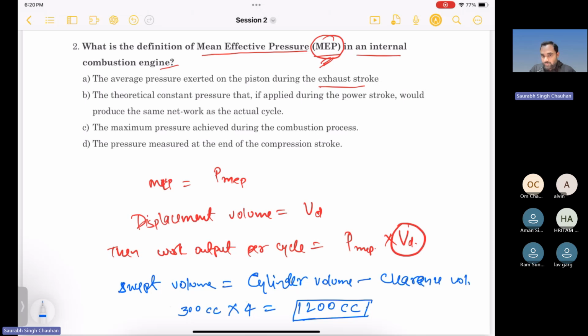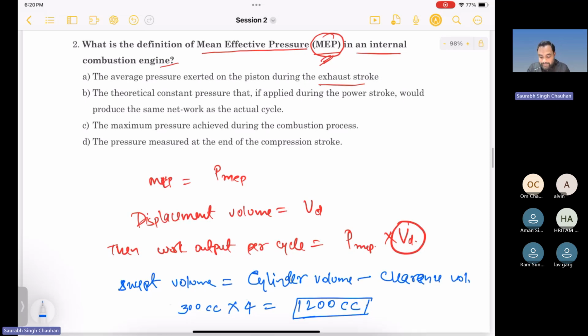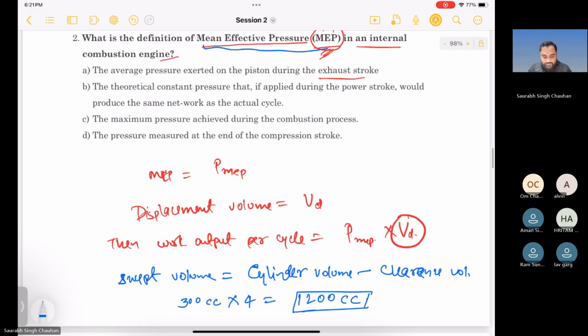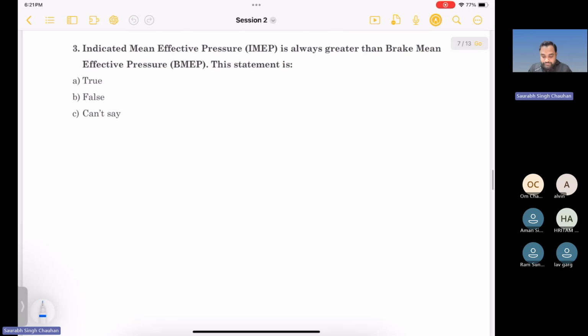So if anyone of you is having any doubt, then please don't hesitate, we can discuss that again. Okay, so if it is clear, then we will move to the next question. These are very basic terms: the mean effective pressure, swept volume, clearance volume. So these should be very clear. Okay, I think we can move ahead.